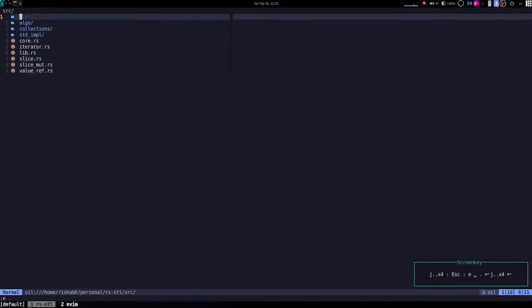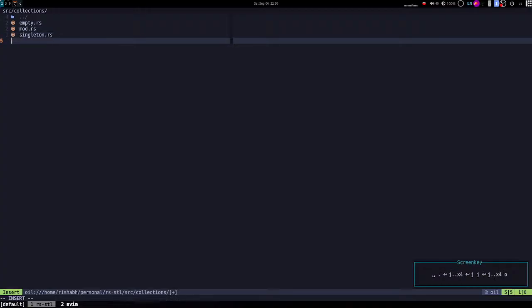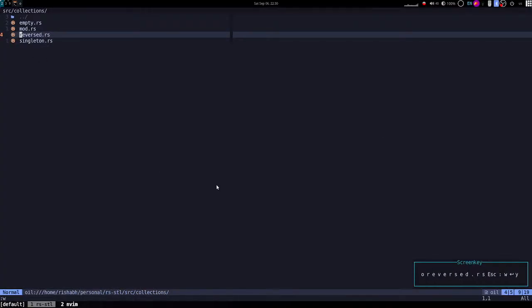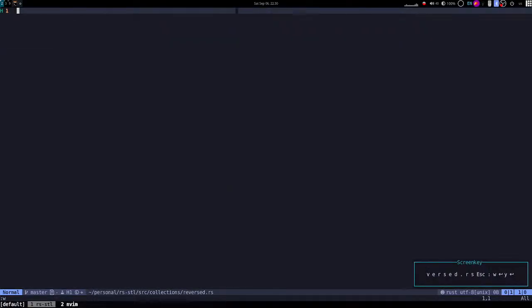Okay, so collection. I guess I would have a reversed collection, and last time it did not work because I had a wrong iterator design. The iterator was coupled with my collections, but I think I have to get rid of iterators because iterators are not my concern, right?